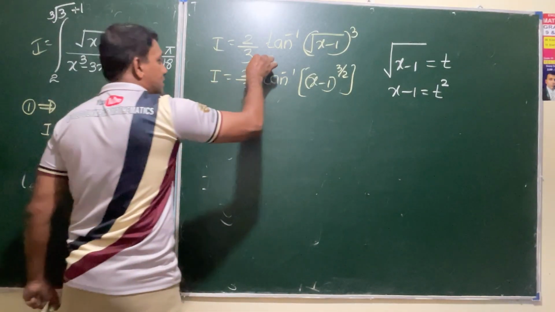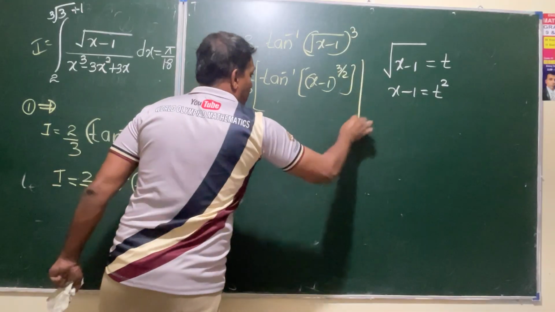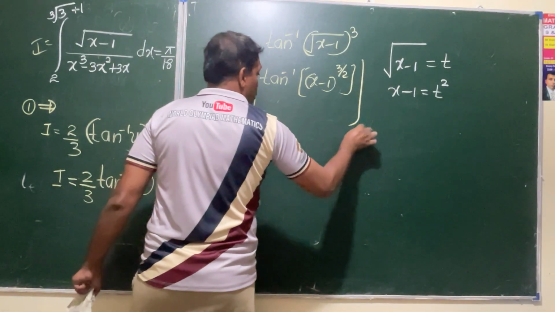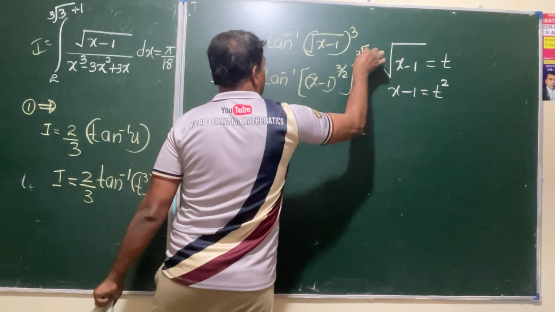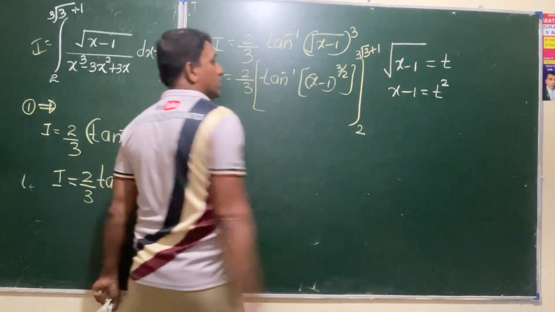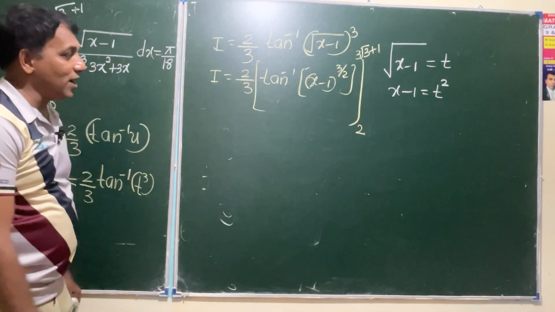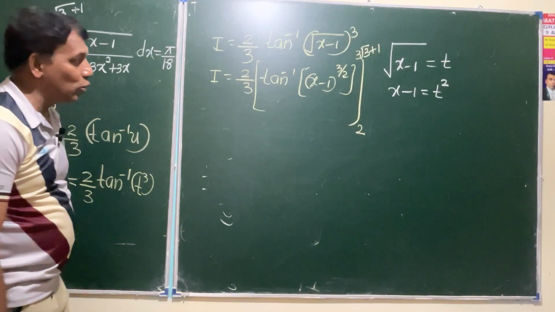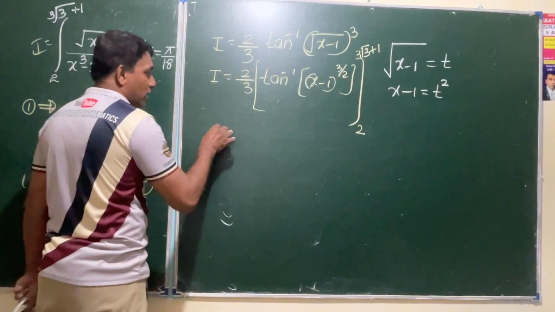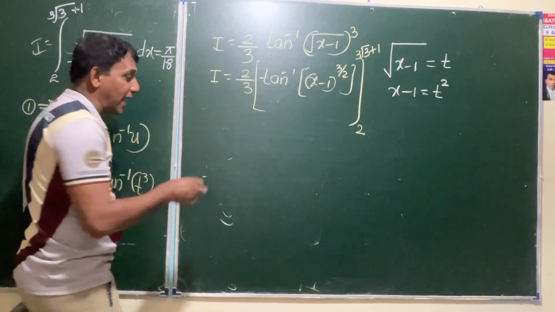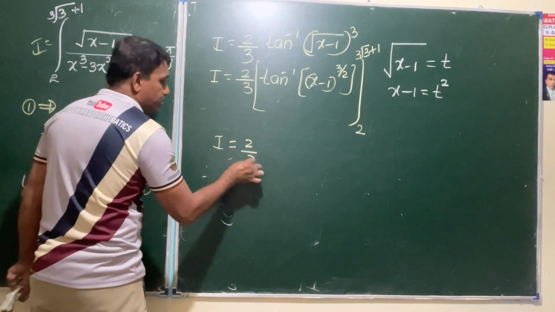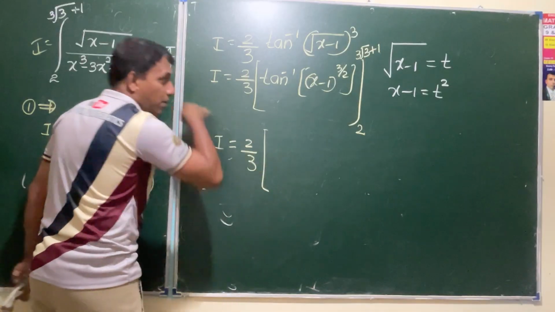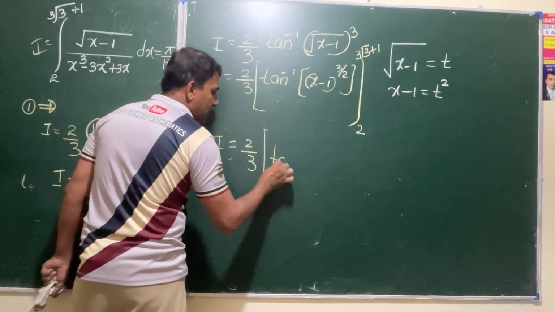Now see my method completely. Lower limit 2, upper limit 3 root 3 plus 1, right? See how when you apply upper boundary minus lower boundary for the x value, the answer shows pi by 18, right? So I equals 2/3, come to the upper boundary, tan inverse.